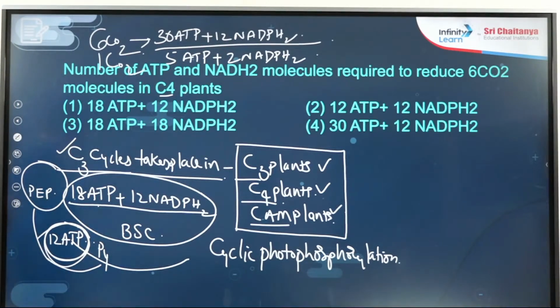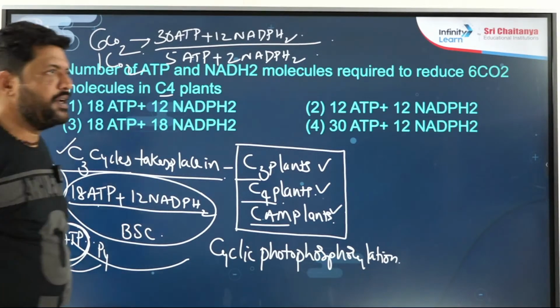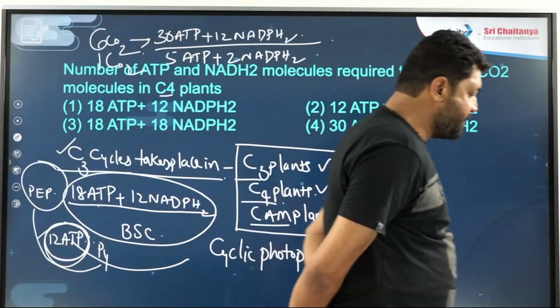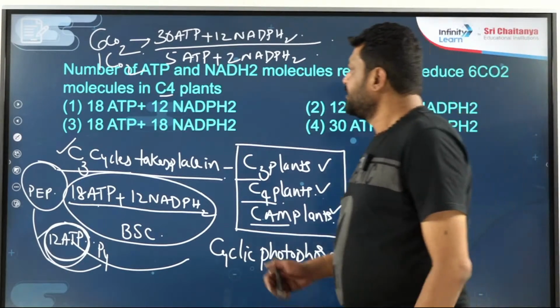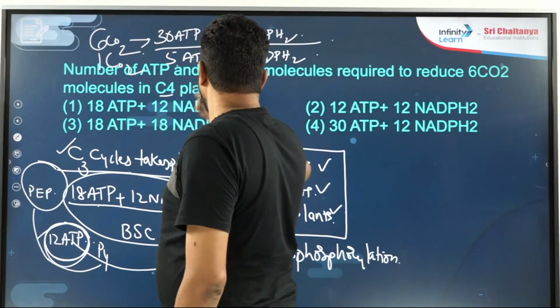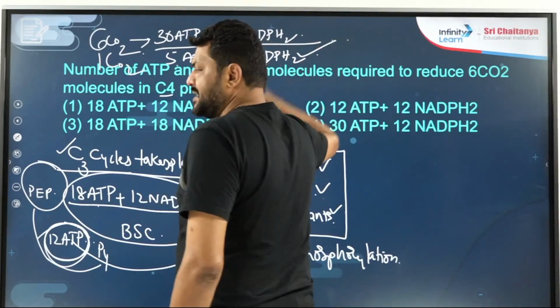Another question, slightly changed but the answer is constant: the number of ATP and NADPH2 required for the reduction of 1 CO2 molecule in C4 plants is 5 ATP and 2 NADPH2. This is the correct answer.